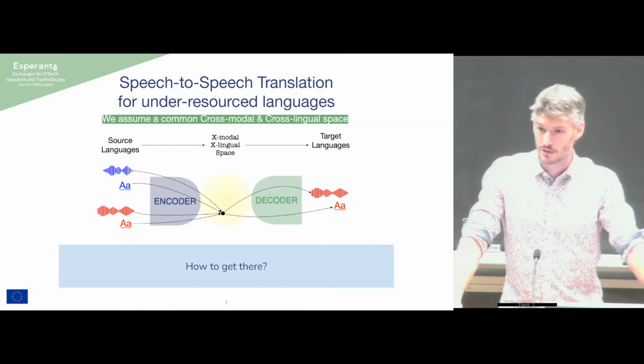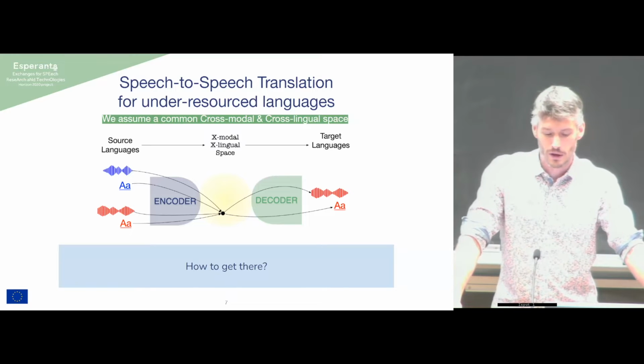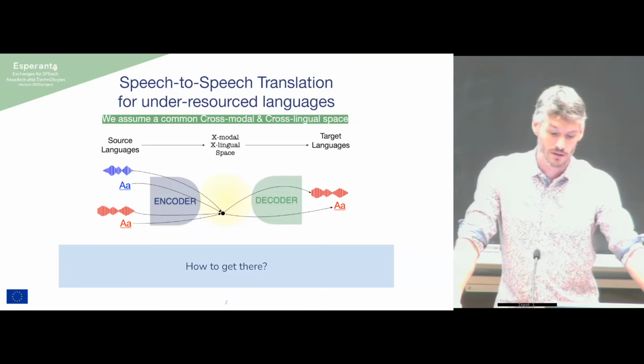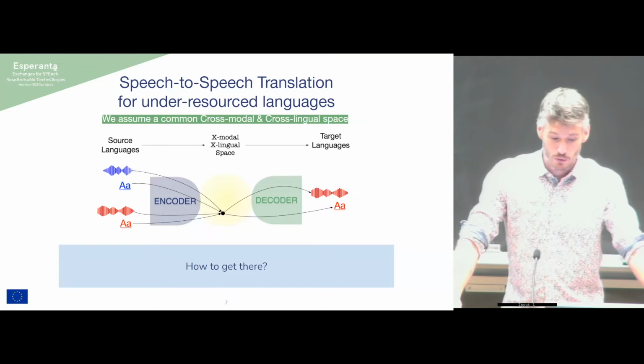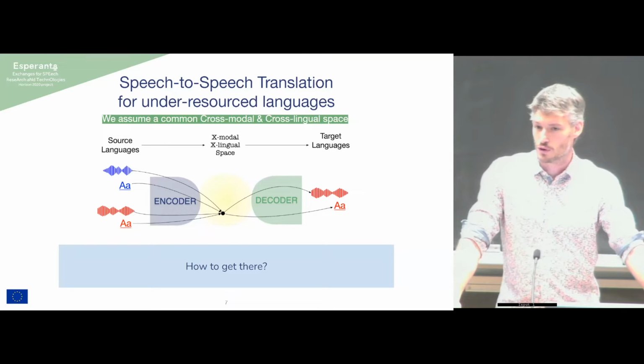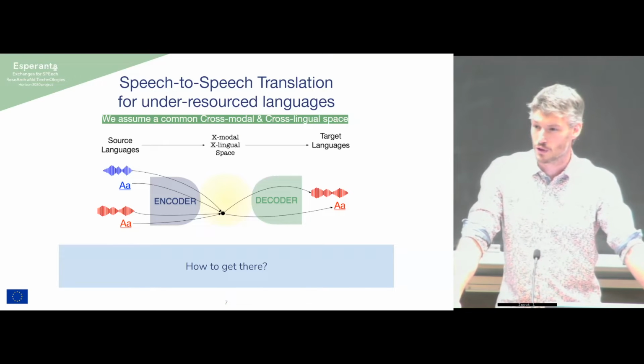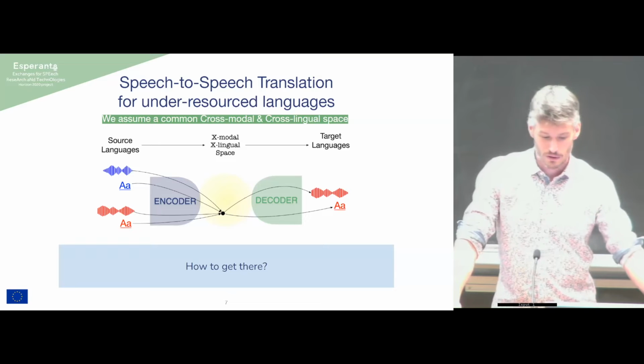And then if you get this to work, then it might be easier to decode to another target language by using this shared information. And actually, the benefit of this approach will be that if you learn exactly this space, then after it might be easier to bring some under-resourced languages and just make them fit in this common framework.